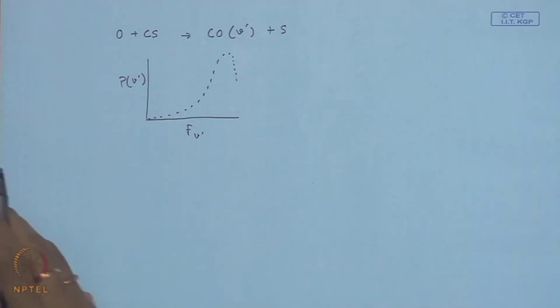So, there is a population inversion in carbon monoxide vibrational level, that is, your product is carbon monoxide. There is a population inversion, which is not discernible at ordinary temperature.